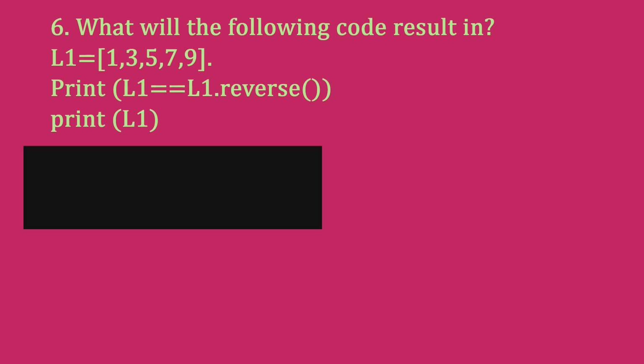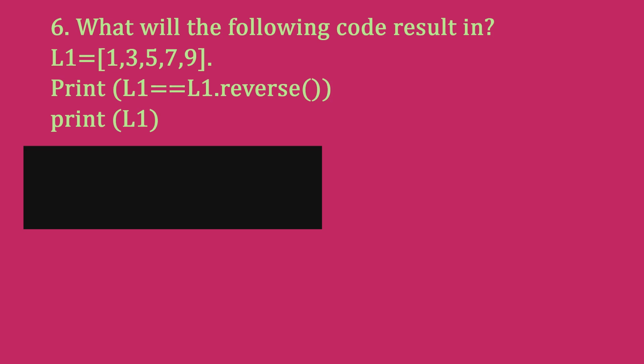Now what will the following code result in? First, the list L1 contains the elements 1, 3, 5, 7 and 9, and print L1 equal to L1.reverse. As you know, the L1.reverse function will reverse the list, that means the elements will be placed in reverse order.